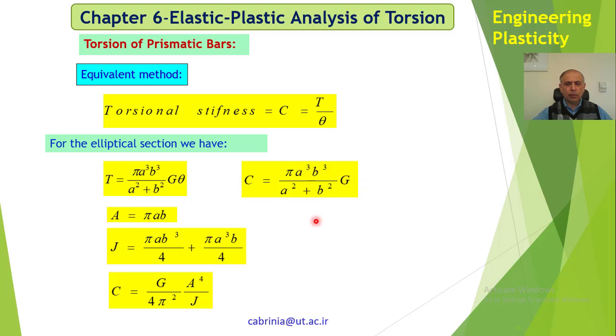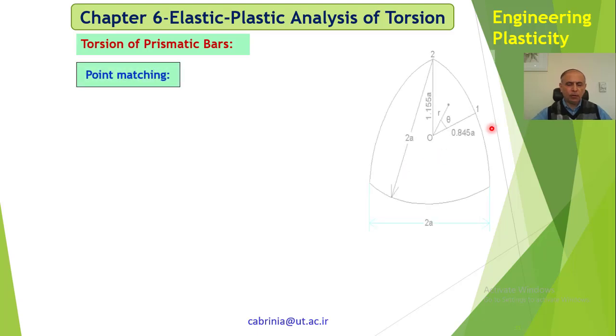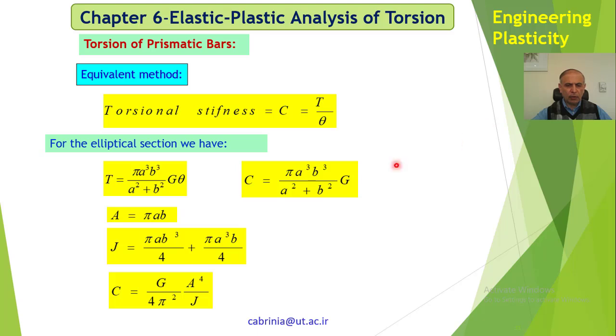So it's that part, and A is that, and J is that for the elliptical section. So C becomes equal to that. So we can use this C for our computation purposes, and sometimes we use this torsional stiffness for computational purposes.